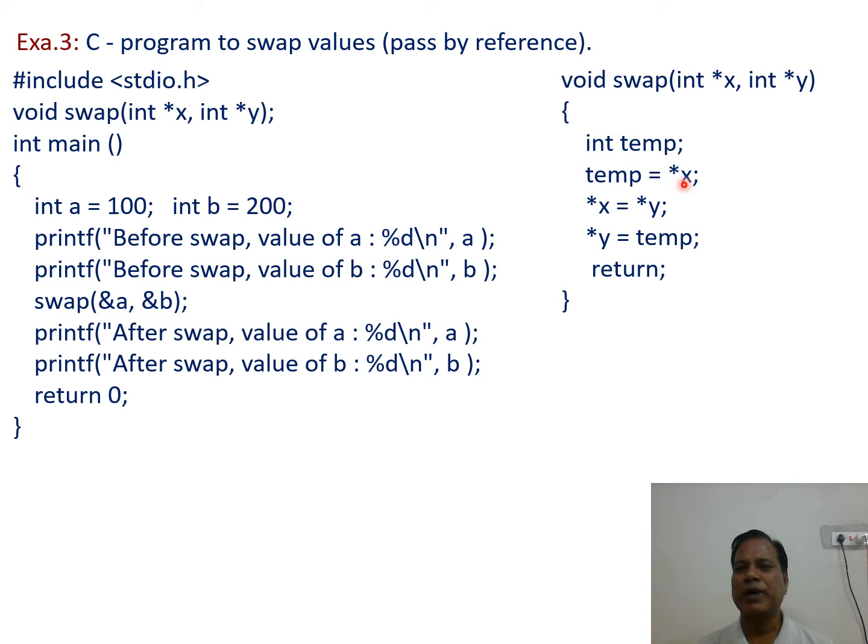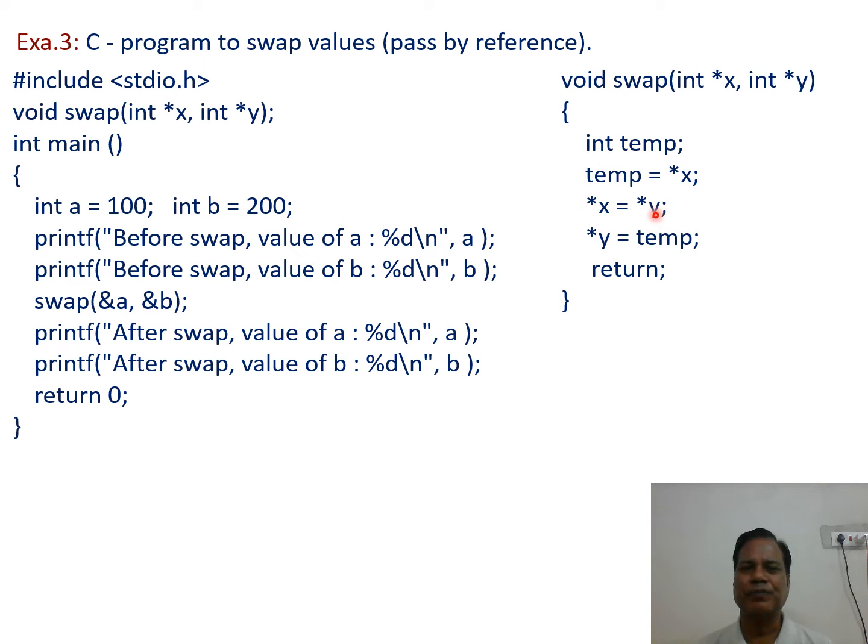So the value stored in this memory location is assigned to the temp variable. The next statement, *x = *y. So *x indicates the value at the memory location held by x, and in this memory location, the value at the memory location held by y is stored.